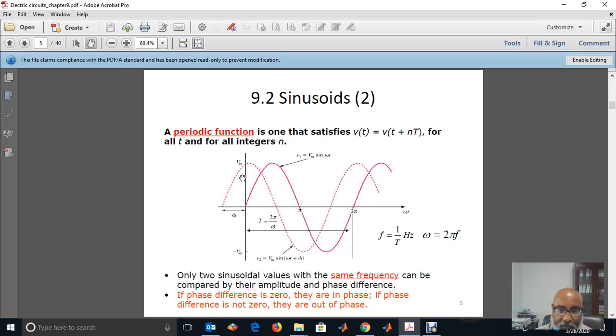And if you see the dotted line, I have a similar sine wave, but shifted to the left by an angle phi. So we say the dotted waveform is leading the solid line waveform. The dotted waveform, v2, is Vm sine(omega t plus phi).